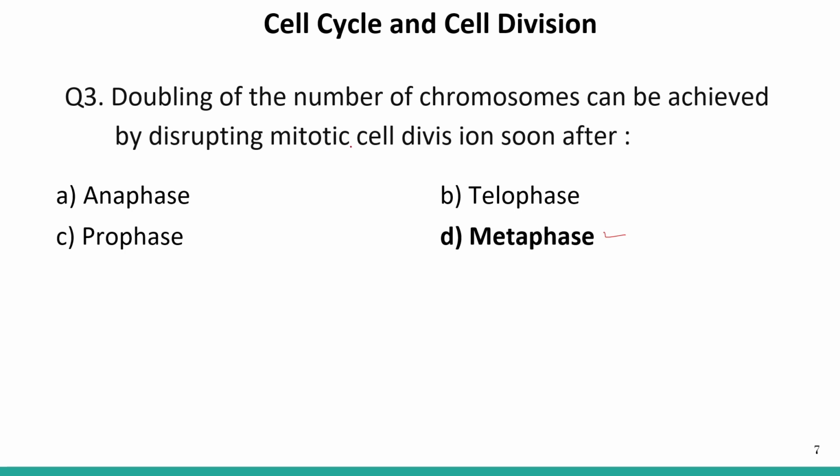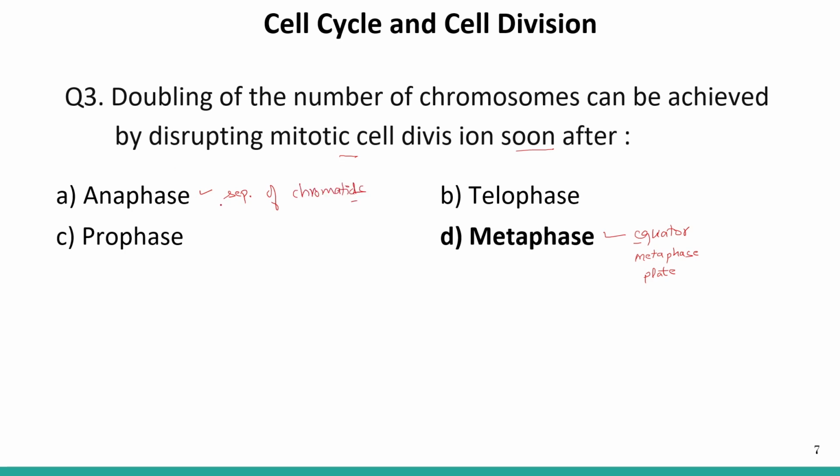They are asking during which stage of mitosis the doubling of chromosomes takes place. In metaphase, all the chromosomes are aligned at the equator, or you can say the equatorial plate or the metaphase plate. During anaphase in mitosis, there is separation of the chromatids.